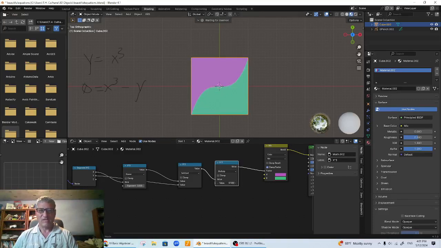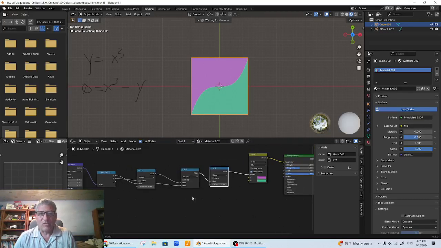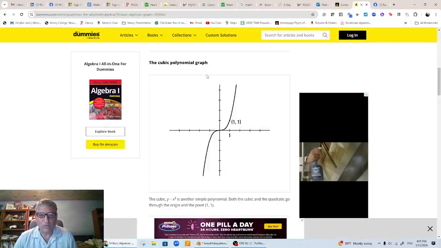All of the values that look kind of misty and foggy, that's because the texture nodes are saying they are in between numbers, kind of. When you multiply them, it has a cutoff thing, like a clip. So when you multiply it by a really big number, then you have greater definition of those numbers. So there it is, very pretty, y equals x cubed. And that one is the cubic polynomial graph.